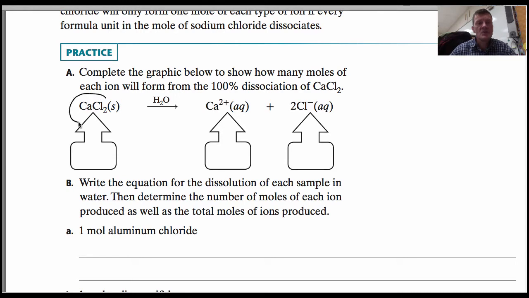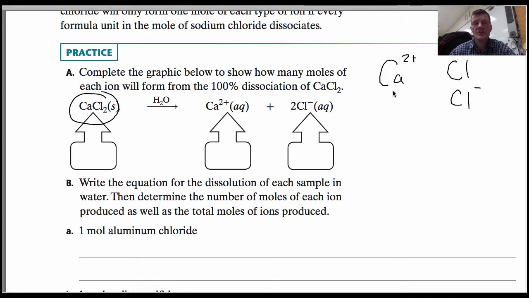Here's another one. Let's practice one here. Here we have calcium chloride. Now just realize the formula for calcium chloride is CaCl2. Why? Because calcium is in column 2, so it wants to give up 2 valence electrons. It has 2 outer valence electrons. So when it does, it's going to become a 2 plus. You need 2 chlorides to accept those 2 valence electrons from the calcium, because chlorine wants just 1 more electron to complete its outer shell.